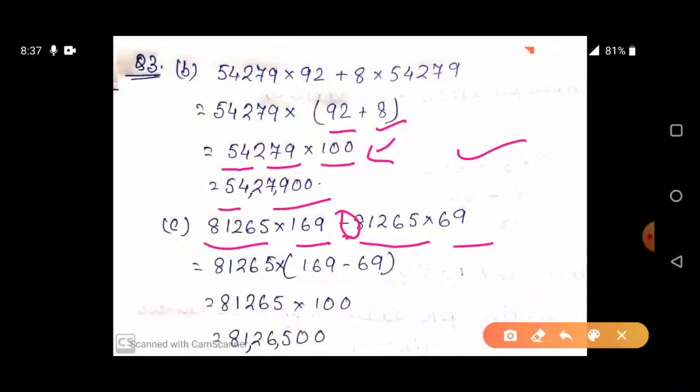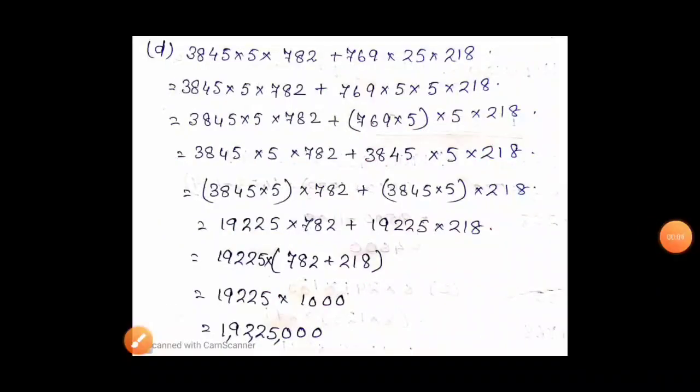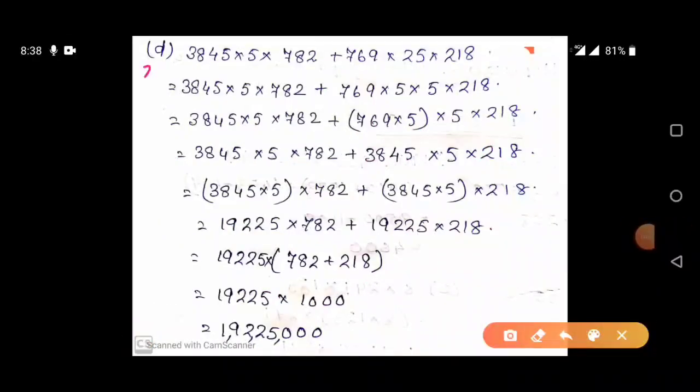So for that we will take 81,265 outside, we will give the multiplication sign, and inside the bracket we will write 169 minus 69. So 169 minus 69 is equal to 100. So 81,265 into 100 is 81,26,500.